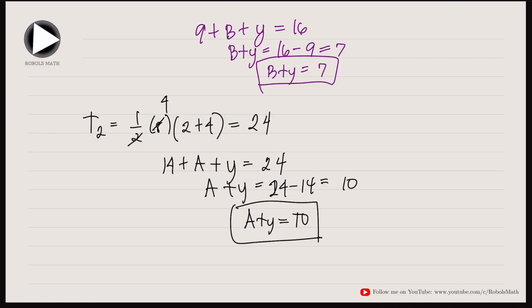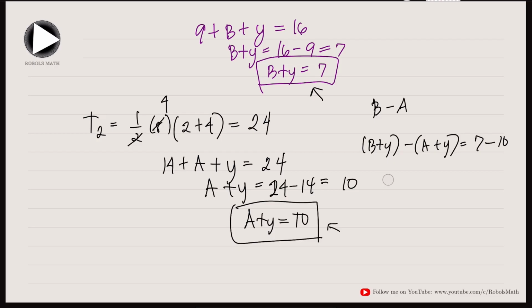Now, what's good about this is that while we are not able to solve for a and b individually, we can determine the value of b minus a by just subtracting these two equations. We get b plus y minus a plus y equals 7 minus 10.